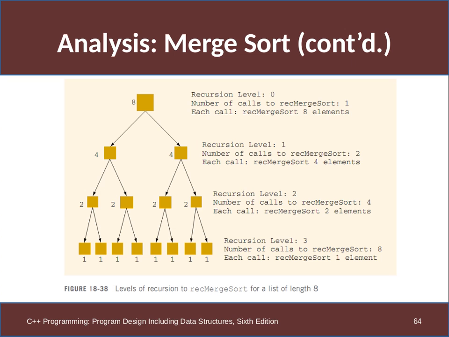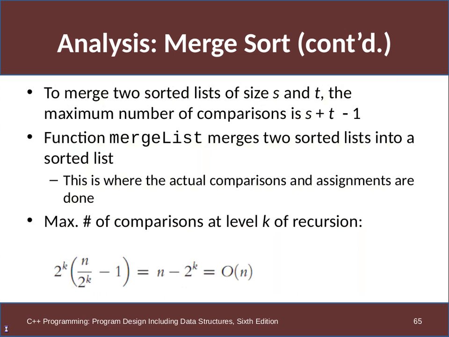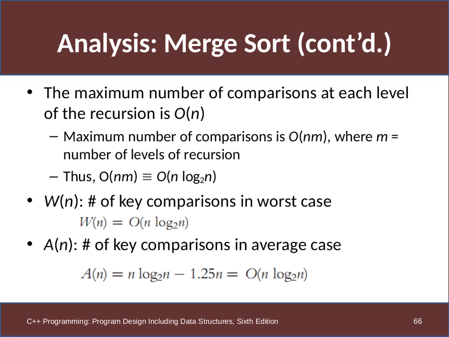Wow, they're going to do it more pictorially than I did. Yeah, you may have 8 elements, then 4, then 2, then 1. The whole point of this is that the number of levels is log of n. Each time you're doing n comparisons, which is the max number of comparisons at level k. If you're going to compare everything it's O of n. And then, of course, the maximum number of comparisons at each level is n.